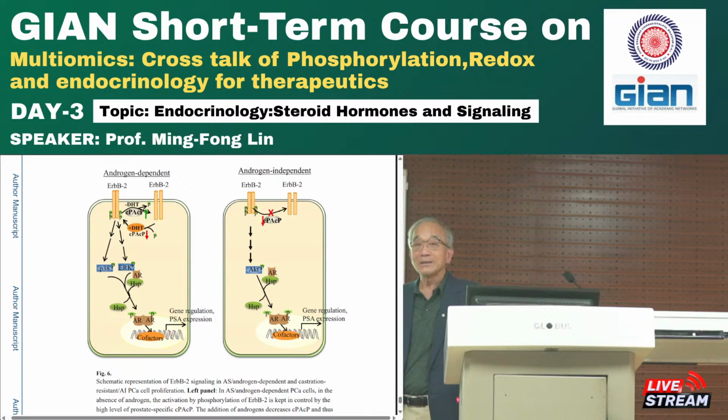So why in the advanced stage of prostate cancer we can see the PSA increase in patient circulation, and why the serum marker PSA can serve as a marker to detect prostate cancer. Because in the cancer cell, the phosphatase goes down, the ERB2 phosphorylation goes up, then they can activate the PSA expression and go to the circulation.